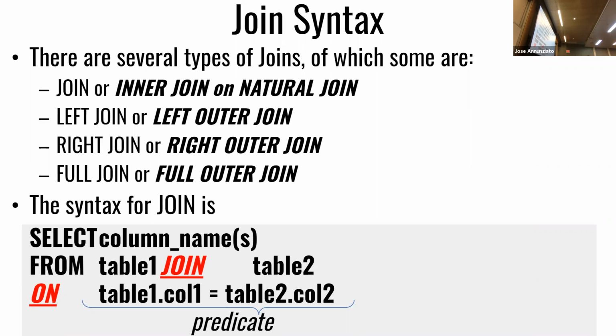Those we don't call the natural join. Well, we don't call it the unnatural join, but we call it either the left outer join or the right outer join, and we'll see the full outer join. The natural way that we think about it is called either the natural join or the inner join, when you just do a plain old join.